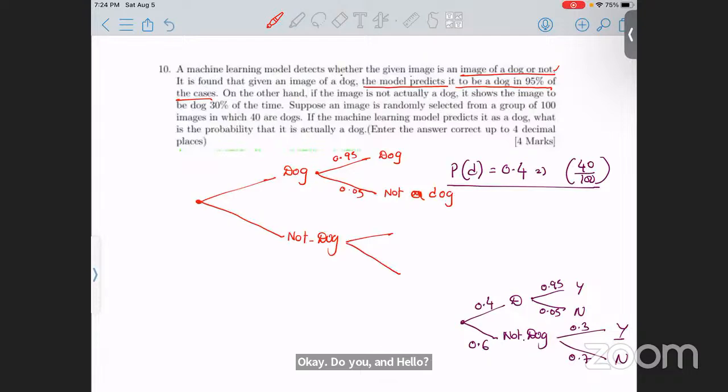The model predicts it to be a dog in 95% of the cases. If you give a dog to the model, it says dog in 95% of the cases.